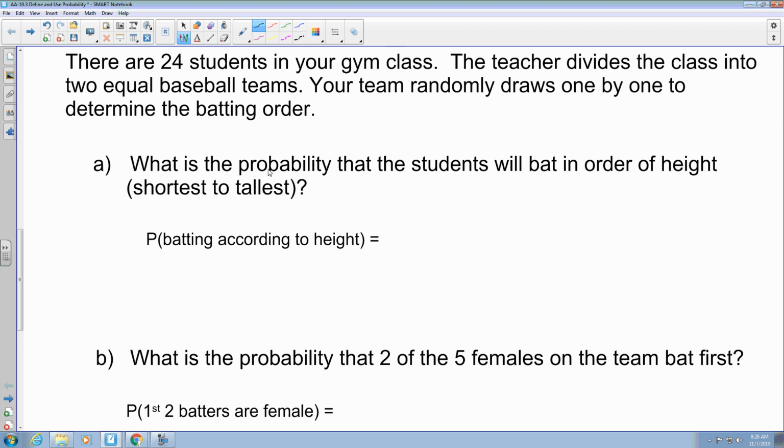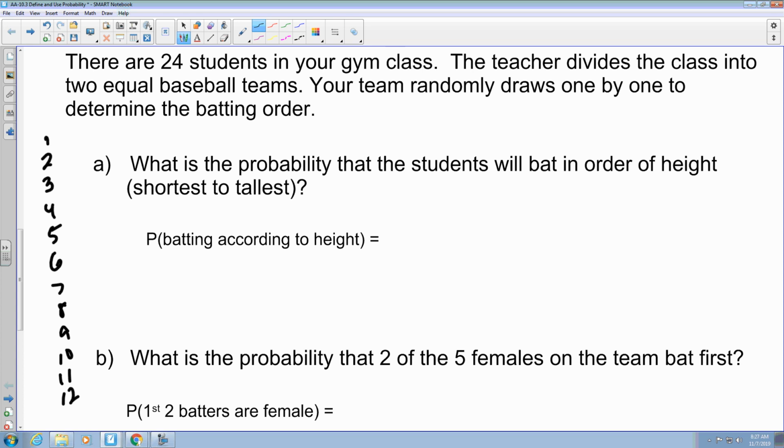When we look at batting order, there are 12 players on the team, so you're going to make a list 1 through 12. Each one of them is going to be placed in a spot. They want to know what the probability is that the first batter is the shortest person on the team, all the way up to batter number 12, who's the tallest player.